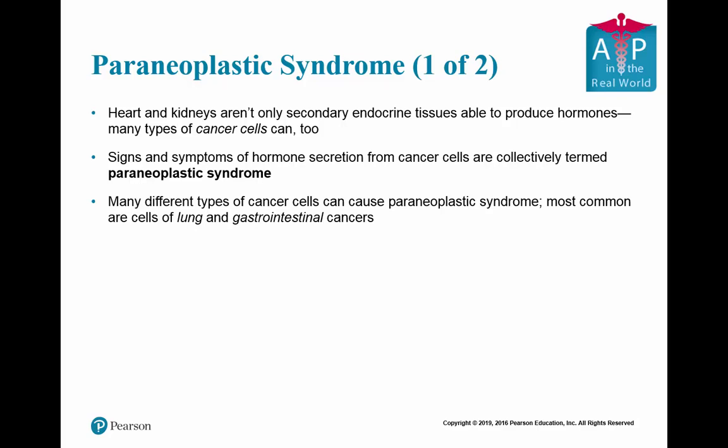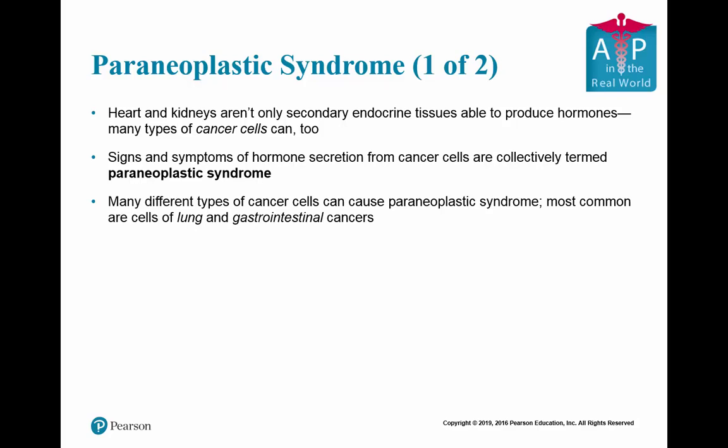Now, I've started adding these slides that have a medical significance about whatever system we're talking about. Cancer cells also can make hormones. And when you have secretion or signs of secretion from these cancer cells, we call it paraneoplastic syndrome.